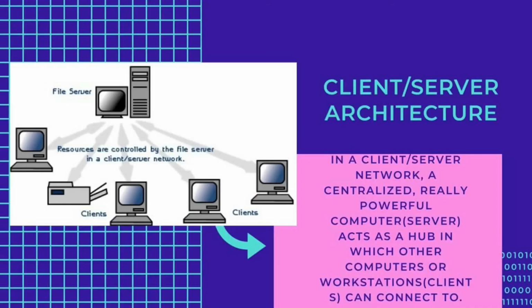The second is client-server network. In this network, a number of network clients or workstations are connected to a main computer known as server. There can be more than one server.